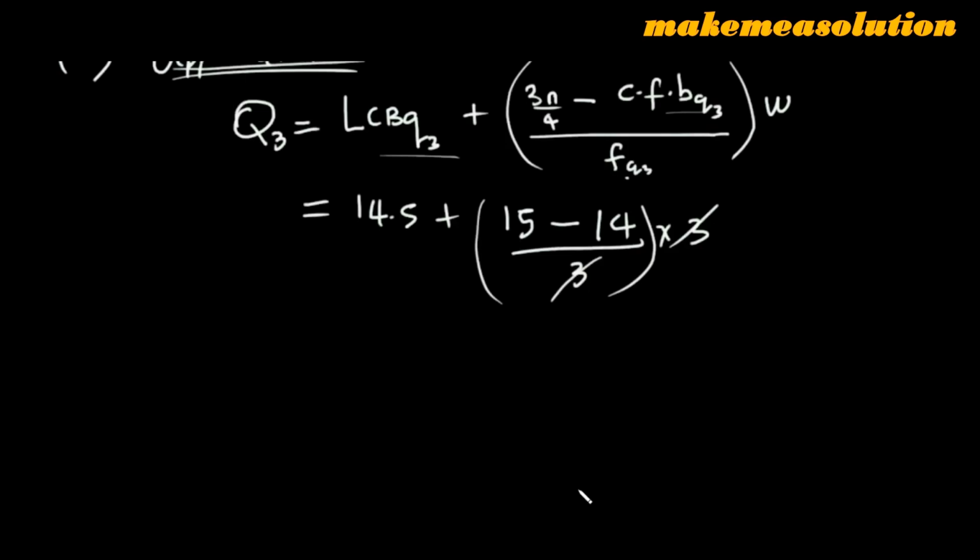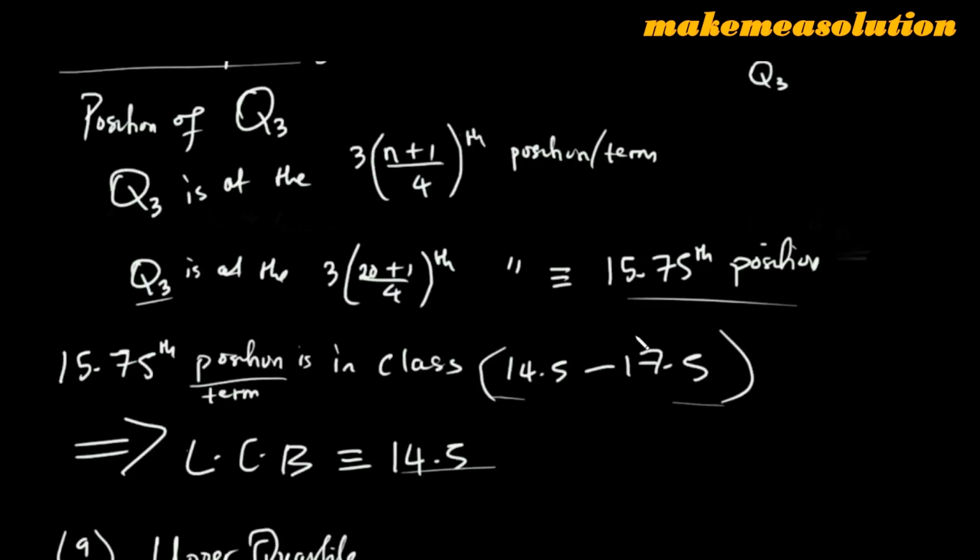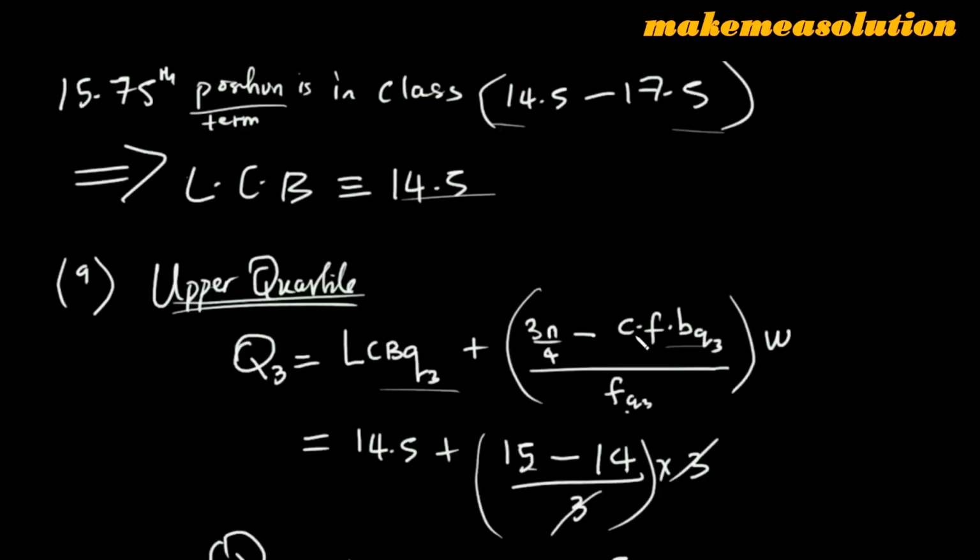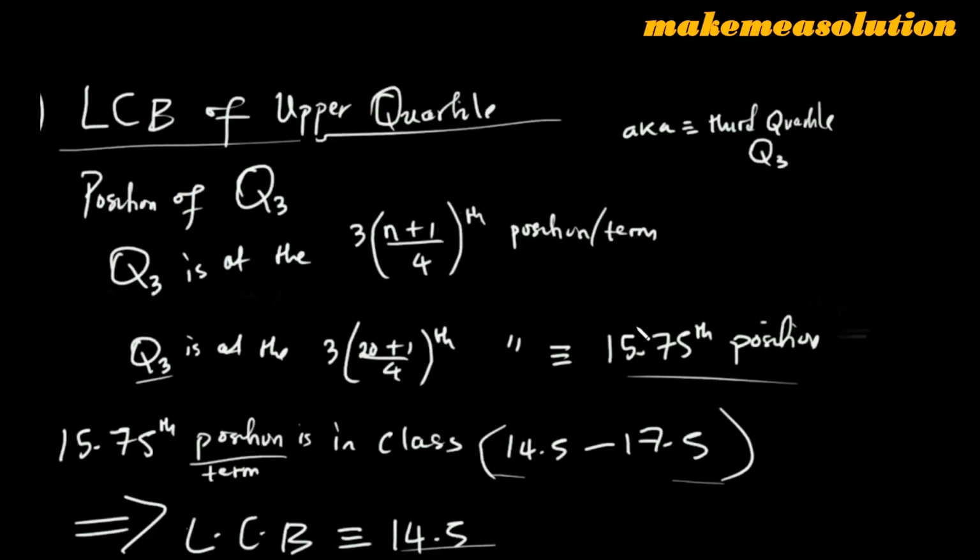So when you cancel 3 out, you get 14.5 plus (15 minus 14) divided by 1 is 1, and you have 15.5. So that is the value of your third quartile. So the exact value of your third quartile is what? 15.5.